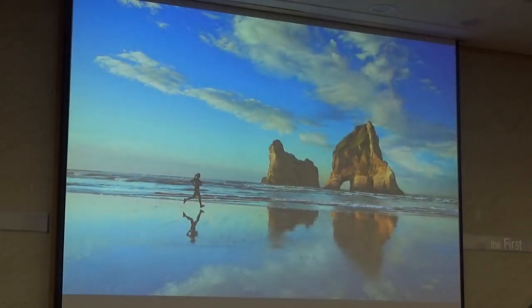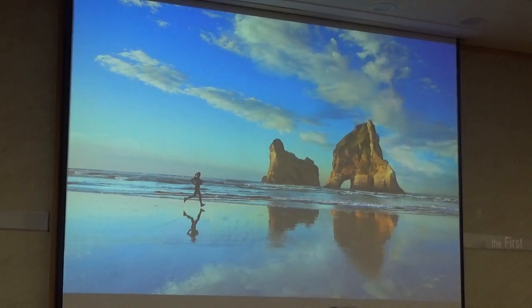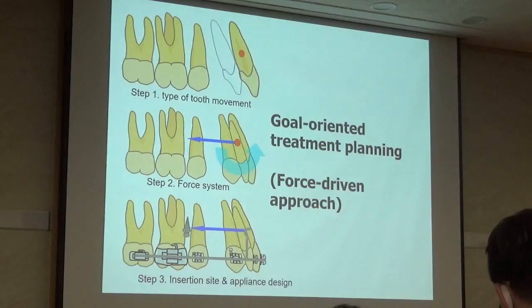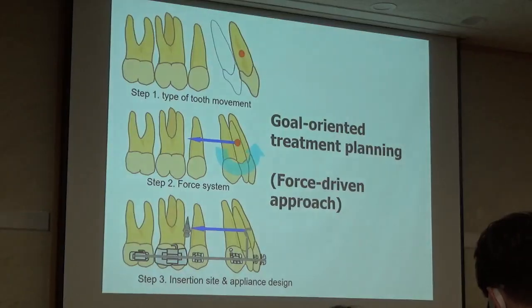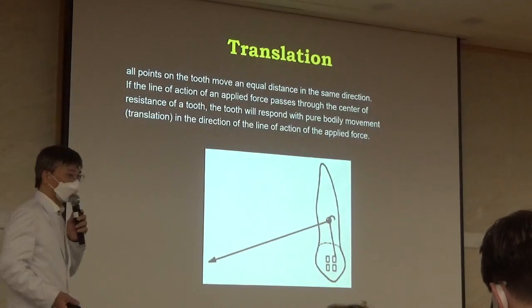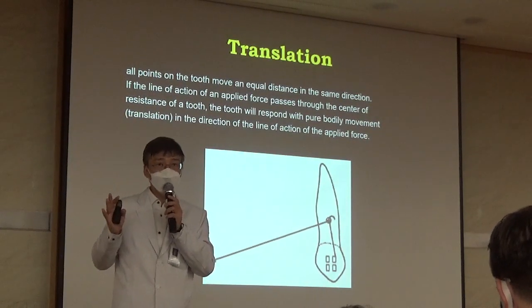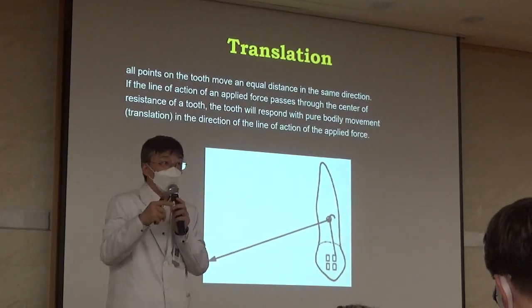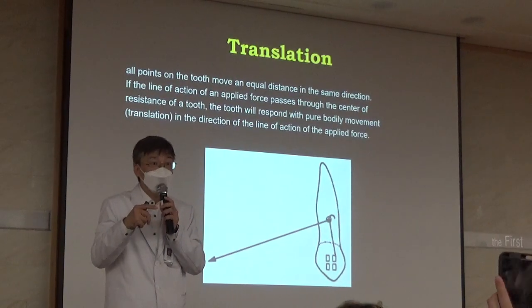All right, let's move on to single tooth correction. Once again, the same thing. Bottom line biomechanics: any force factor that passes through the center of resistance will give rise to translation.